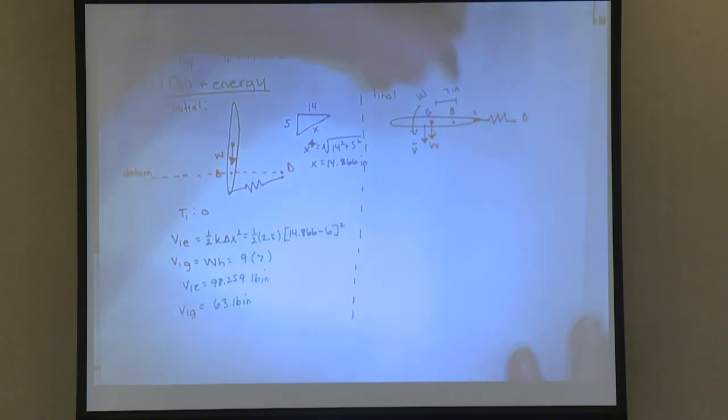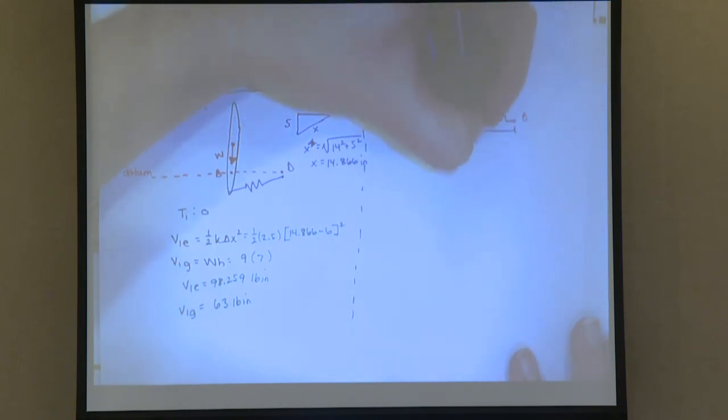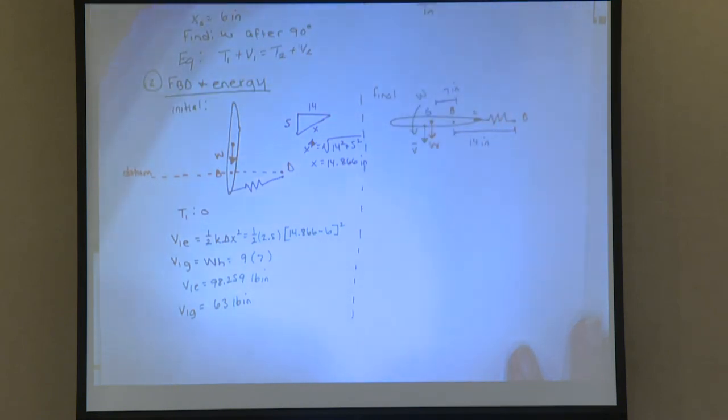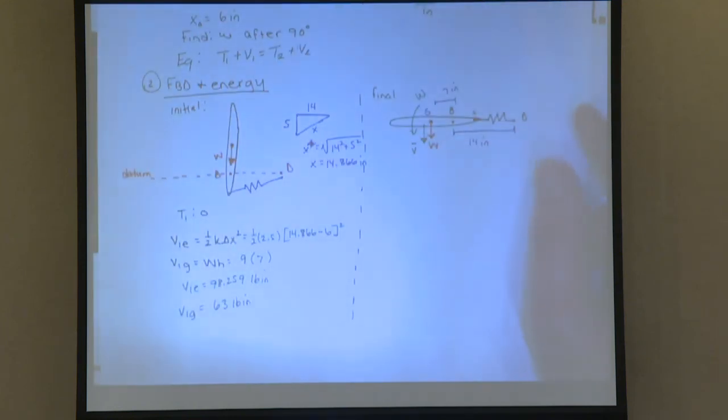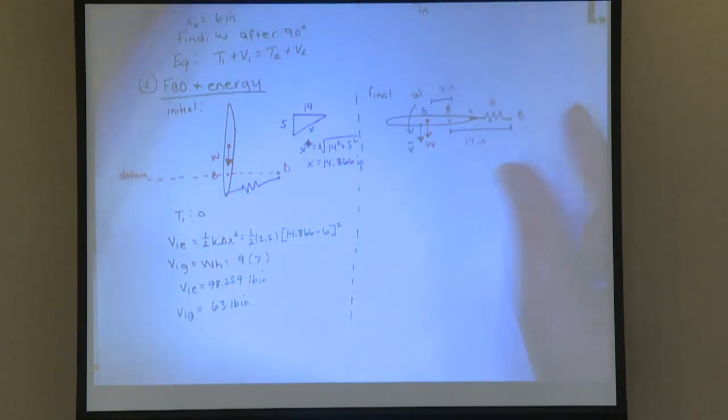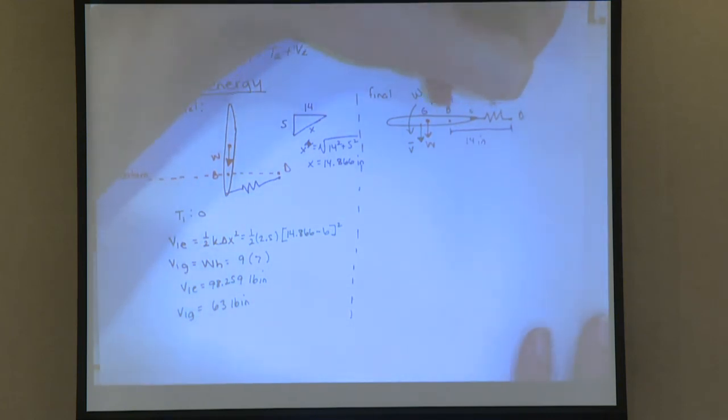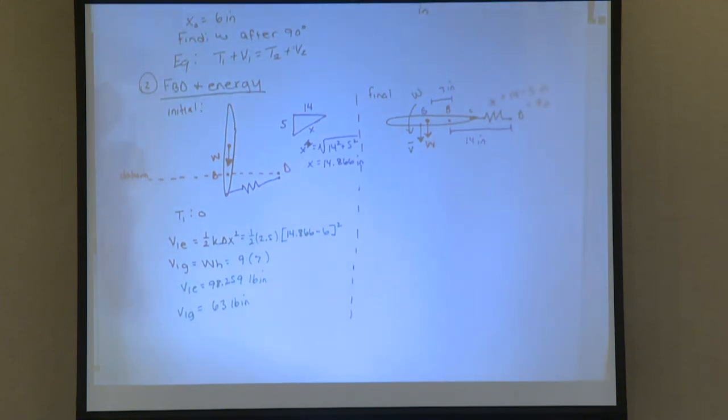We know from before that the distance from B to D is 14 inches. So how are we going to calculate x for this side? C is 5 inches. Good. So x will equal 14 minus 5. So we should get 9 inches for the stretch.